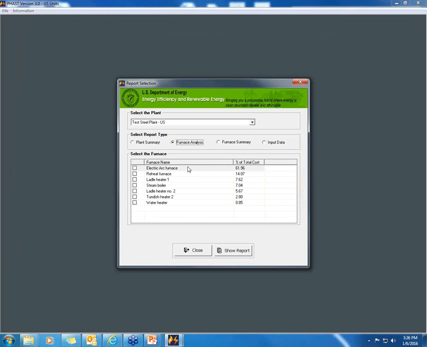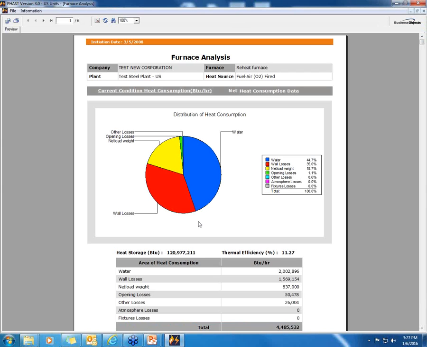Now, if you look at the furnace analysis report, let's just look at only the reheat furnace report. So this is the furnace analysis report for the reheat furnace. What it's showing is how heat energy is used in that reheat furnace: water losses, wall losses, different types of losses.